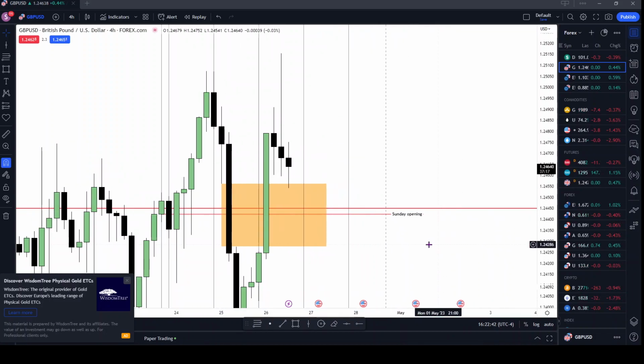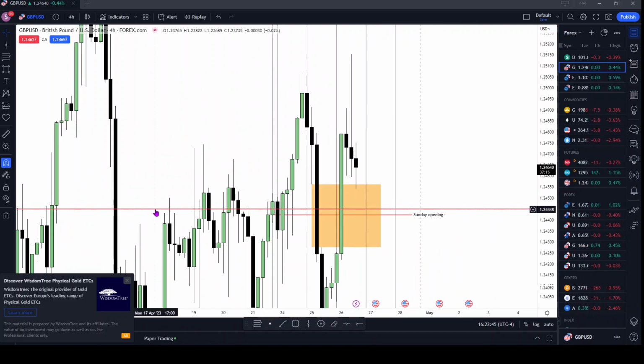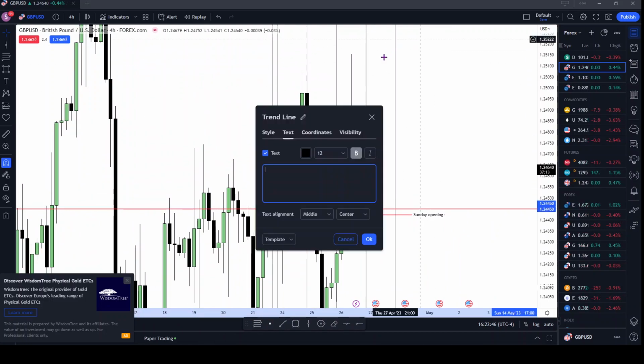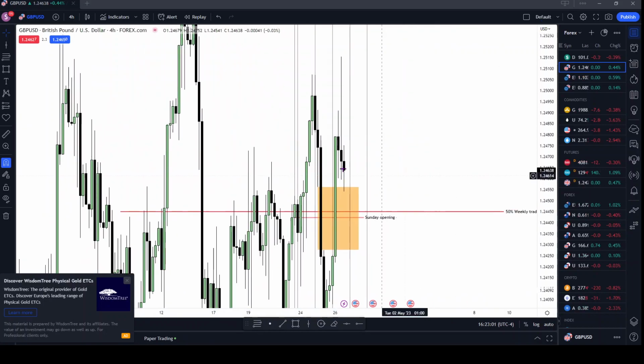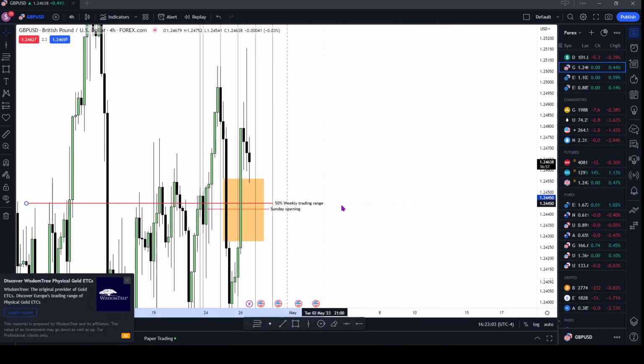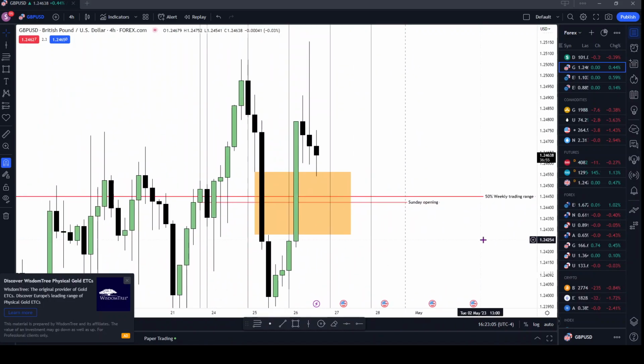And then this is 50% of the weekly trading range that we're in. Put that here, like so. Cool.